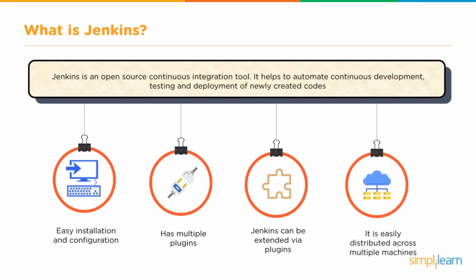Jenkins is easy to install and configure. It's been around for many years now, and it is very mature. There are many plugins that you can use within Jenkins to have the product work with your environment. If there isn't a plugin, you can write your own plugins, so you can continue to extend and invest in the Jenkins ecosystem. And it can be easily distributed across multiple machines.